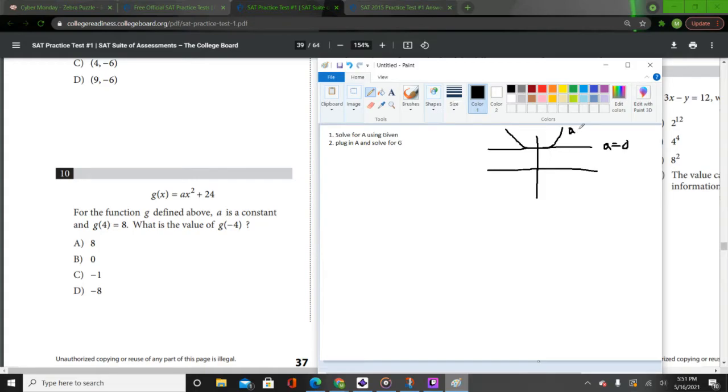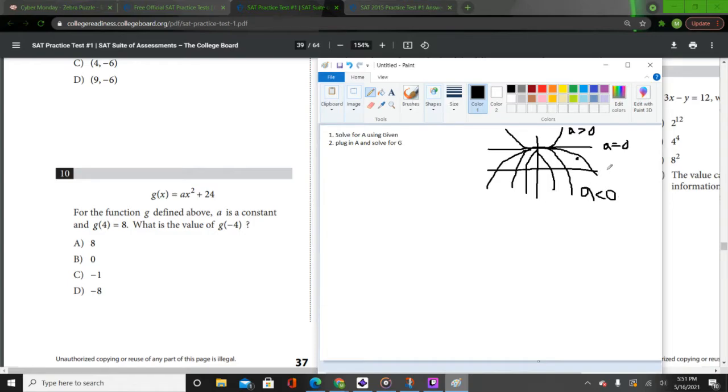A greater than 0 graphs like this, and a less than 0 graphs like this, right? And there's some value like around here. And a can be bigger or smaller. So we know a is negative because it must be less than 24. And a can be bigger, like this, or smaller. Or sorry, let's say a is smaller.